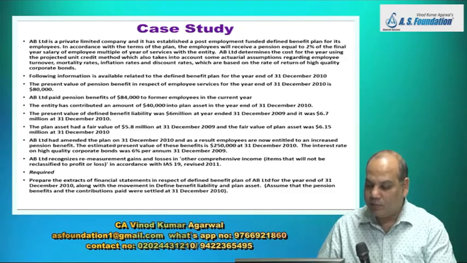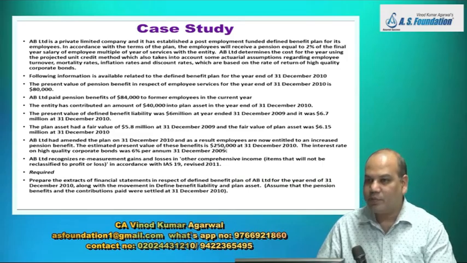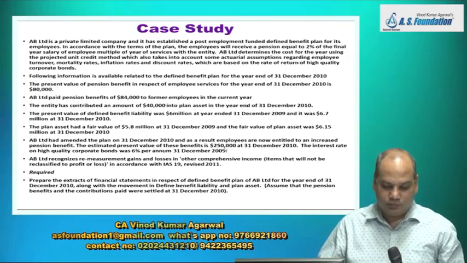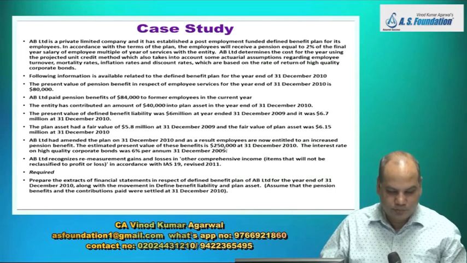AB Limited had amended the plan on 31st December 2010 and as a result employees are now entitled to an increased pension benefit. The estimated present value of this benefit is $250,000 on 31st December 2010. So what will you call this 250,000? Can you call it a past service cost?